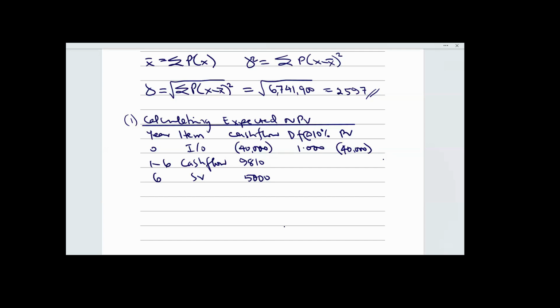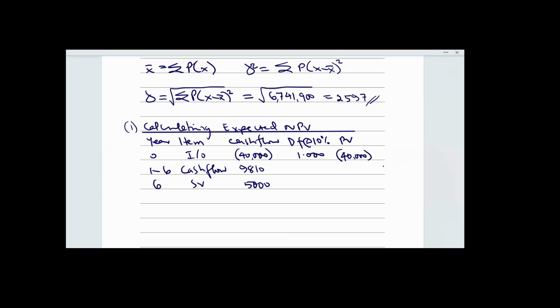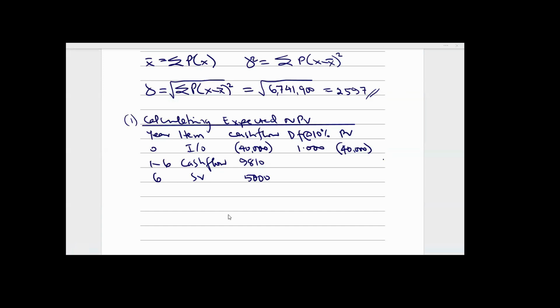What do you have? 1.1 raised to power 6 minus 1, divided by 0.1, equals 4.355.